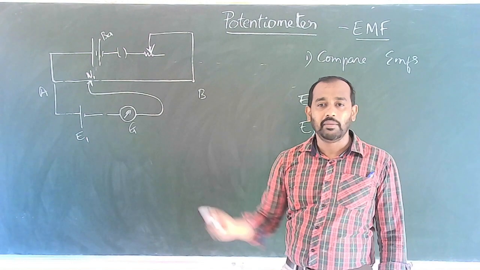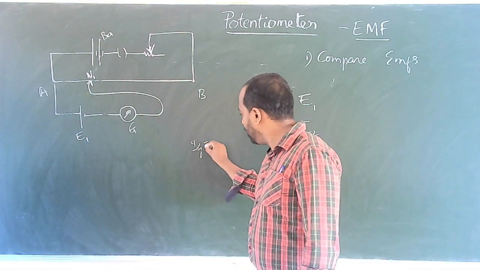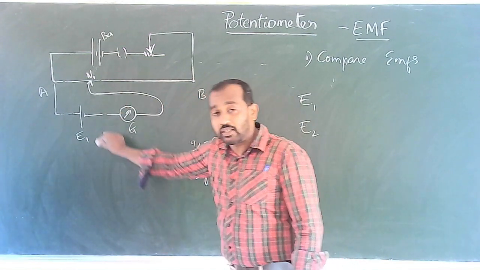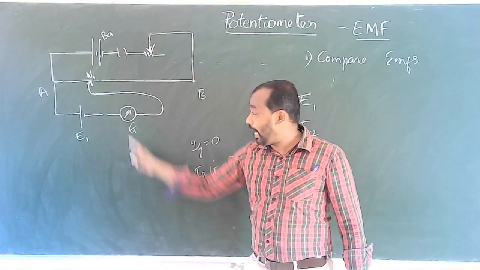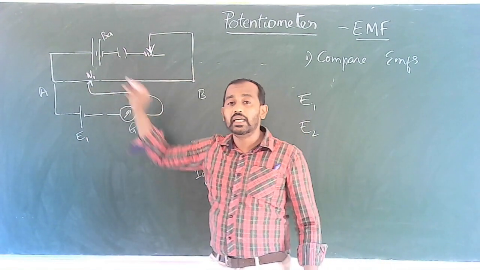Why is that? Because the current flowing through the galvanometer is 0, Ig equal to 0, so Ig into G is equal to 0. Therefore there is no potential drop across the galvanometer in the zero deflection condition.